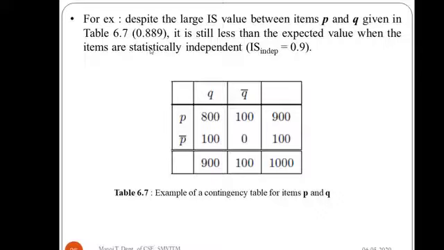So what this says is, even though we are saying P and Q are closely related or correlated, its independent formula is saying that it is not correlated. Why? It has a higher value compared to the correlated value.